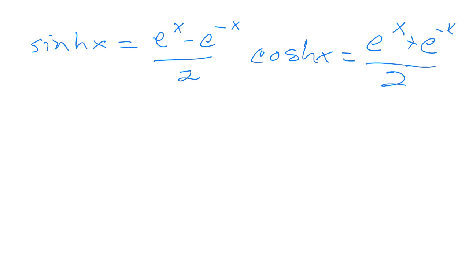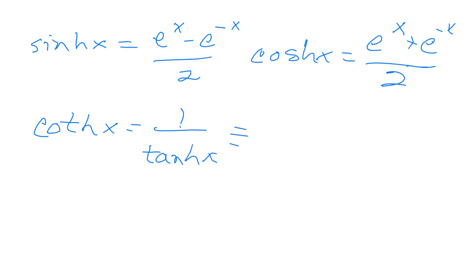And then we also came up with some other definitions. tanh x, very similar to trig functions, was sinh over cosh, and sech was 1 over cosh, and cosech was 1 over sinh, and coth x, I don't know if I wrote that one up yesterday, but the hyperbolic cotangent of x is 1 over the hyperbolic tangent, which would actually be, instead of sinh over cosh, cosh x over sinh x.